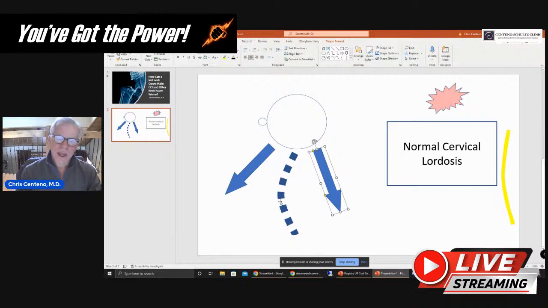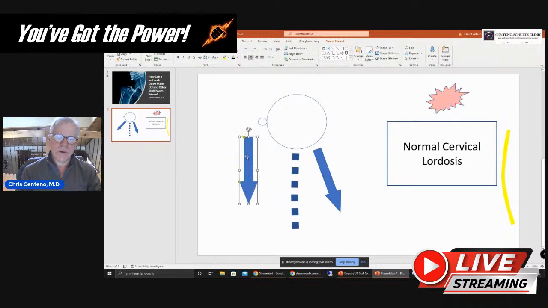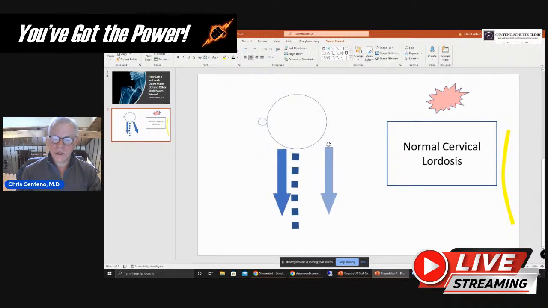Now, if we lose that lordosis, and I'm just going to make it straight, there's a couple things we notice. The first thing is that really all of our force is now going straight down onto the vertebra.